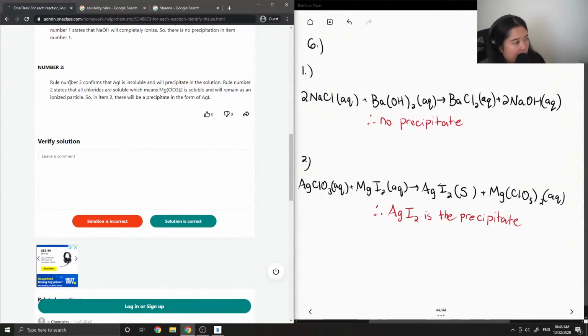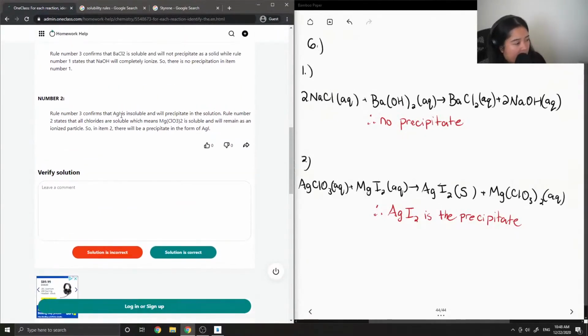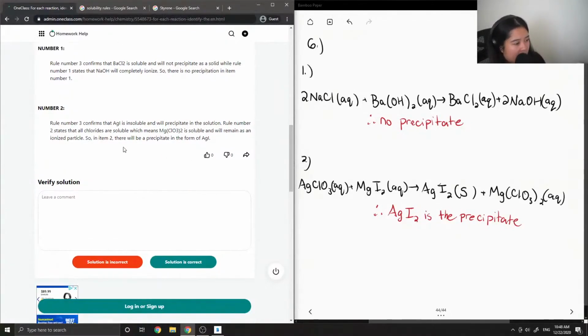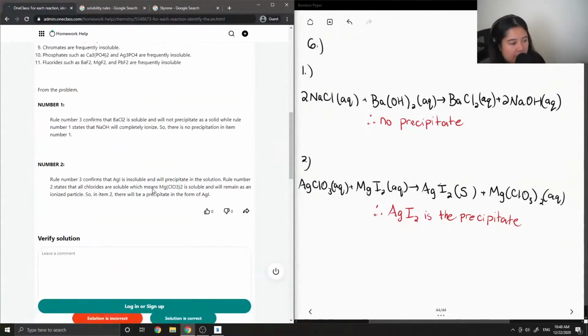For reaction 2, rule number 3 confirms that the silver iodide is insoluble and will precipitate in the solution. Rule number 2 states that all chlorides are soluble, which means that magnesium chloride is soluble and will remain as an ionized particle. So in item 2, there will be a precipitate in the form of silver iodide.